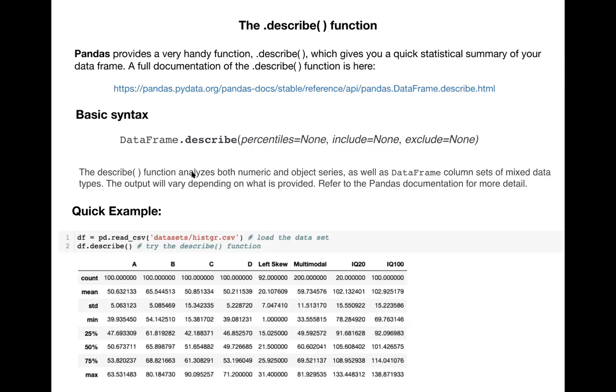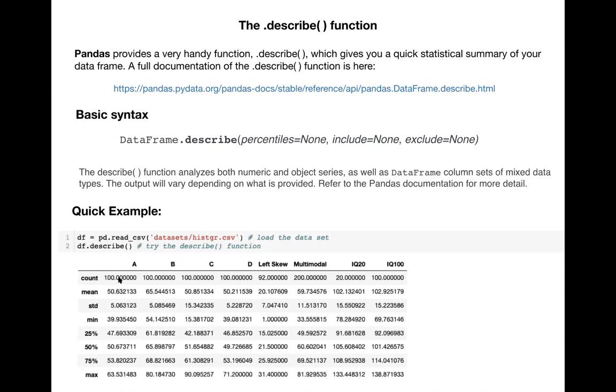The describe function basically analyzes all the column data and provides numeric estimations of its mean, median, minimum, maximum, and percentiles. For example, if we take the data frame df and do df.describe, you can see I got a table right here, with the column names not changed from the original names, but the rows are changed.